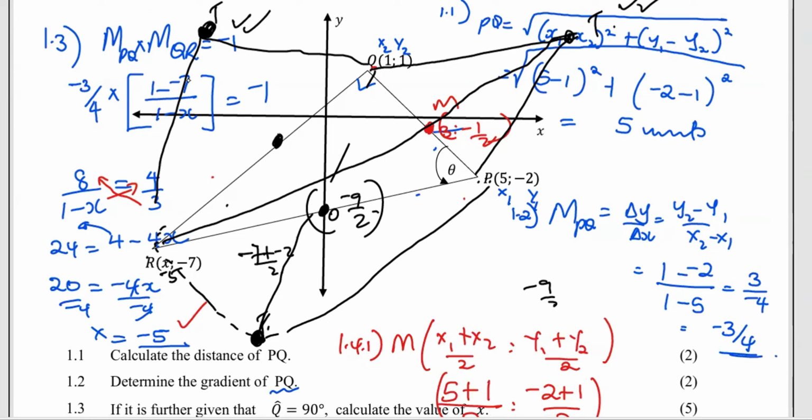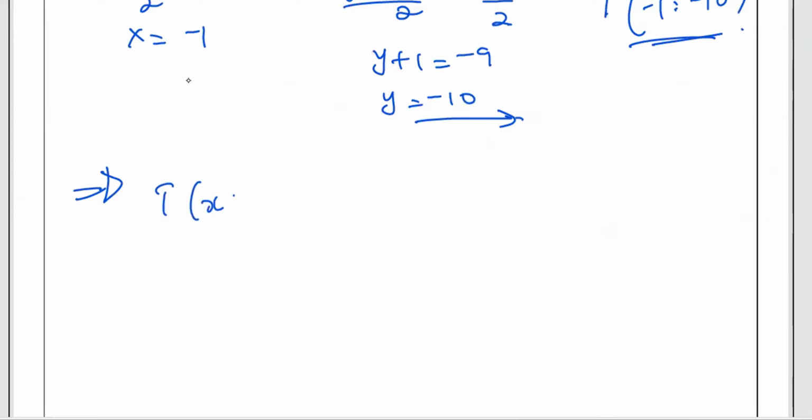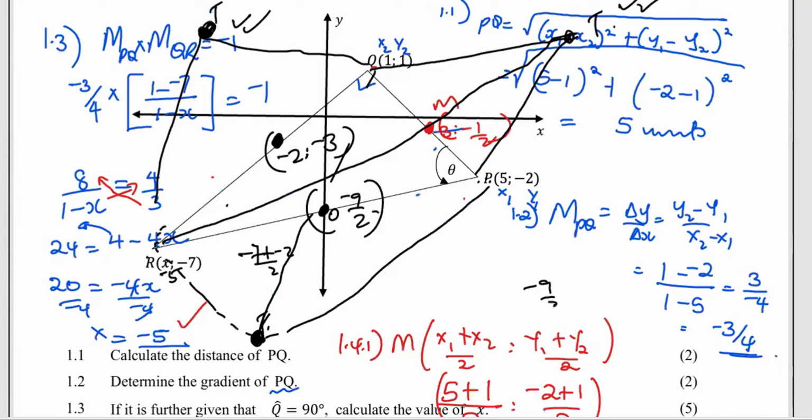If I look for the coordinates of the midpoint, I'll be focusing on -5 and 1, which is -4 divided by 2, which becomes -2. Then -7 and 1 is -6 divided by 2, which is -3. So T, which is (x, y), has our midpoint, which is (-2, -3).